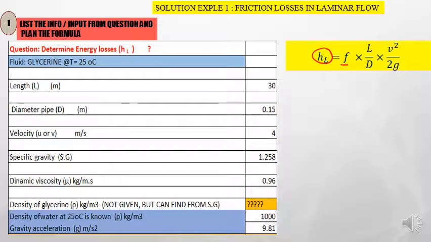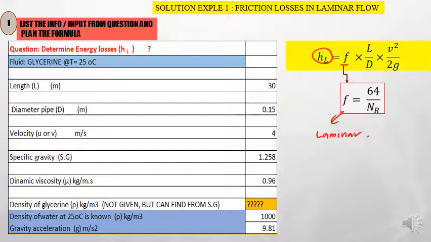We know this is the equation to calculate HL, which is F times L over D times V to the power of 2 divided by 2G. And F can be determined from this equation, which is how to calculate F for laminar flow.